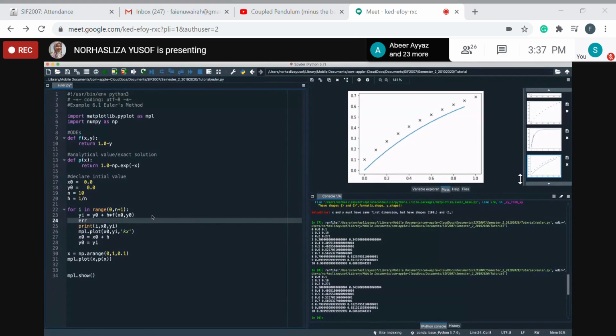So for example, error should be your yi minus your px. This also comes from the numpy range that we calculated. Now it will be x naught, yeah? Because x will change, so we print the error again.